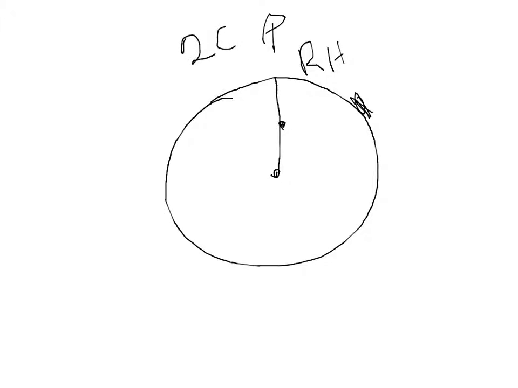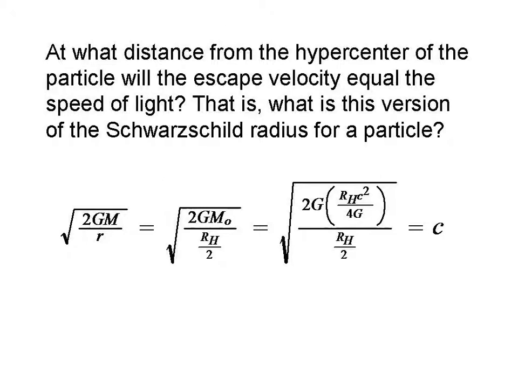But at 1/2 the radius, the expansion is c. So let's ask, at what distance from the hypercenter of a particle will the escape velocity equal the speed of light? That is, what is this version of the Schwarzschild radius for a particle?